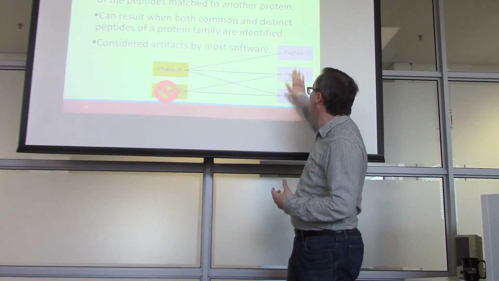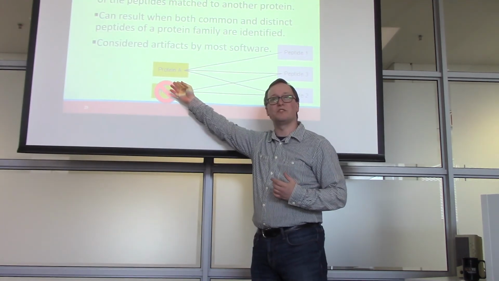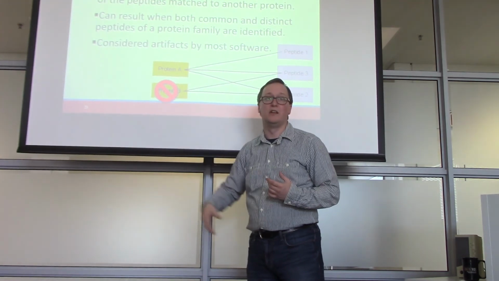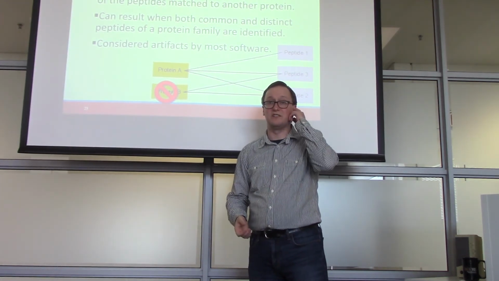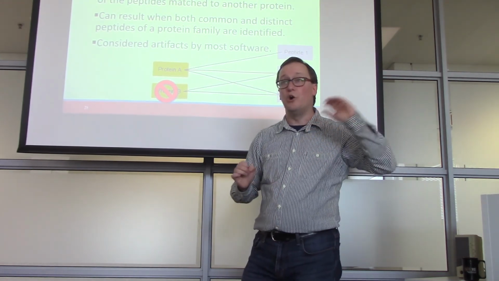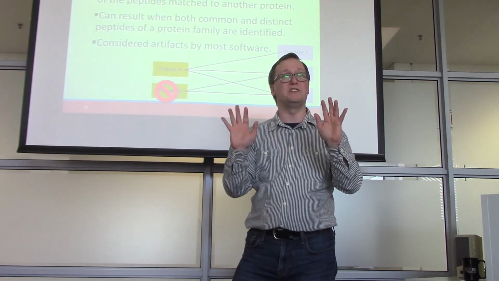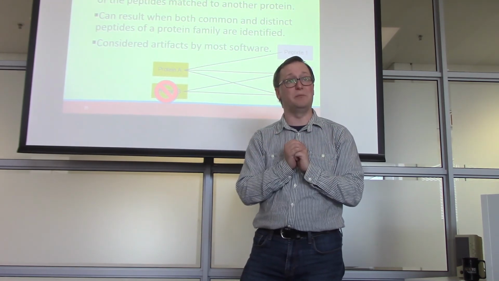We have more than enough evidence to say A is there, but once we've said A is there, we no longer need B to be there to explain any of the evidence. It's a subset protein. So frequently, software will simply omit protein B. It'll cross it right off the list, and it will never be presented to you as a protein that was present in that sample.